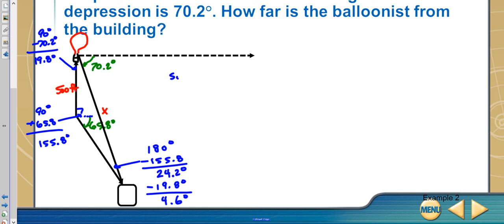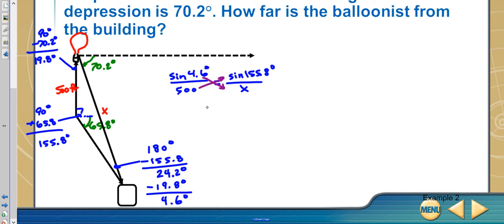I know that sine of 4.6 degrees over 500, I can use that, part of the law of sines, to solve for this missing side length. Now, I'm looking for the side length of x. What's its angle across from it? Well, we had 155.8. So I'd say sine of 155.8 degrees would equal that. Now, as I pointed out previously, you could solve from here if you like, or you could cross multiply and divide.